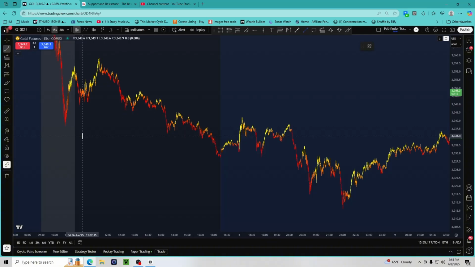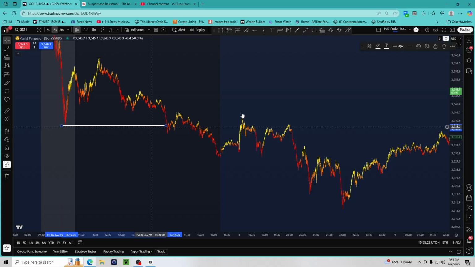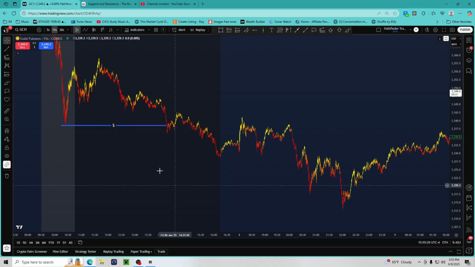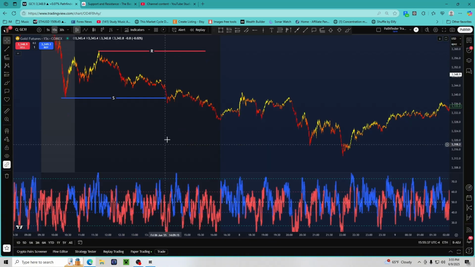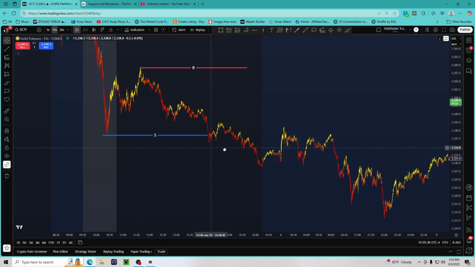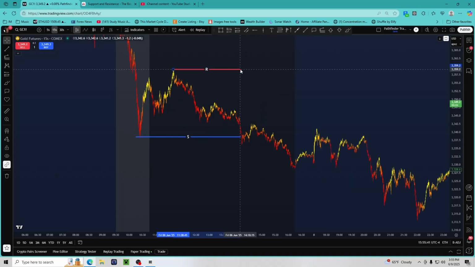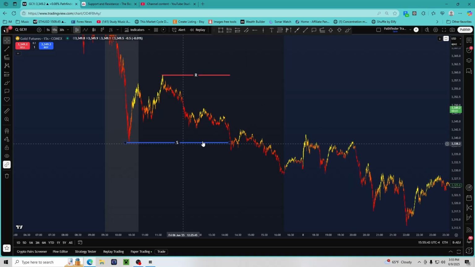So let's start at the leftmost point here in the market by drawing up our support line right here. And we will make our support lines blue with an S, and we will make our resistance lines red with an R. Now, in the market, you have support and resistance, and then you have the price movement which occurs in between.